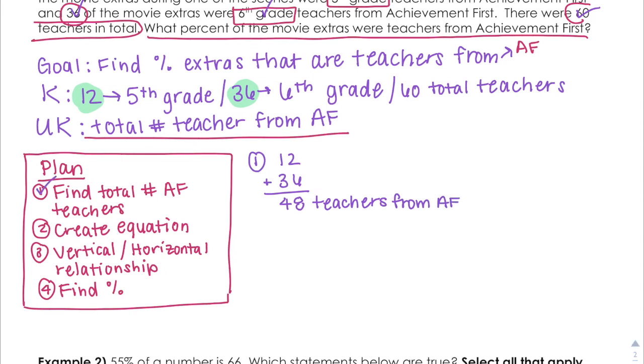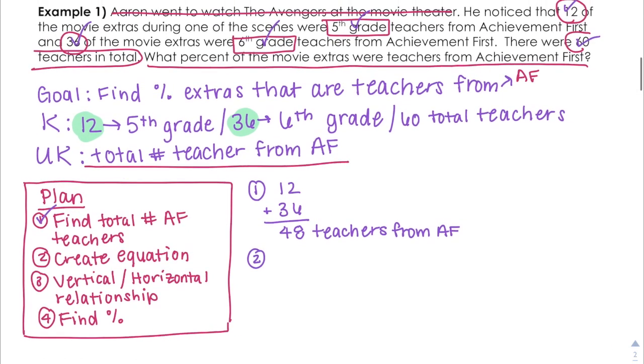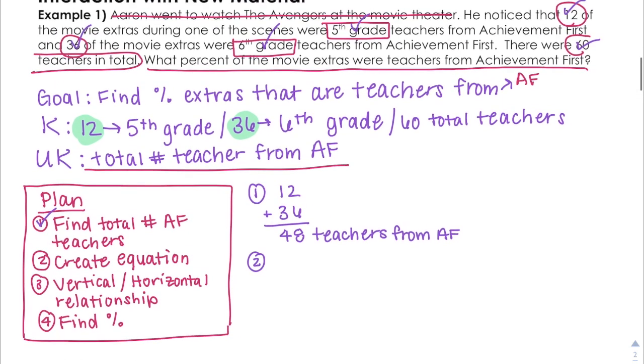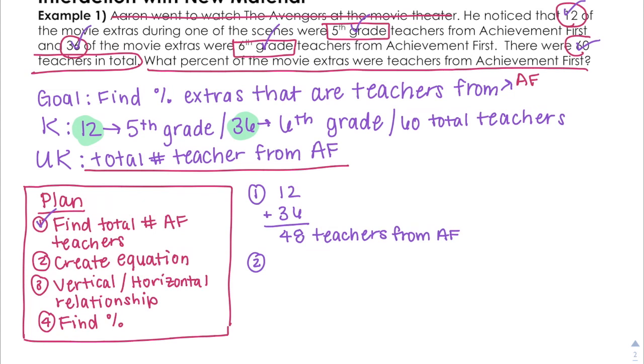Step 2, we have to create an equation. So for our equation, we're trying to figure out the percent of teachers that were from Achievement First. Since we're trying to find our percent this time, the first part of our equation that we need to set up is the fraction that represents the number of teachers from Achievement First versus the total number of teachers.